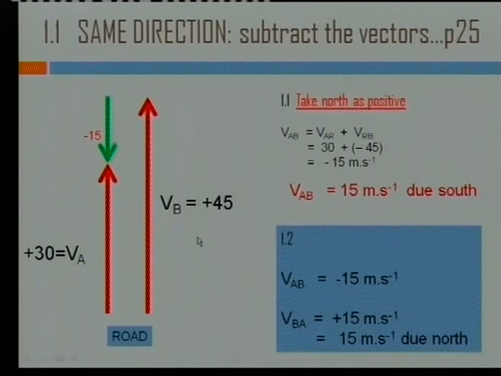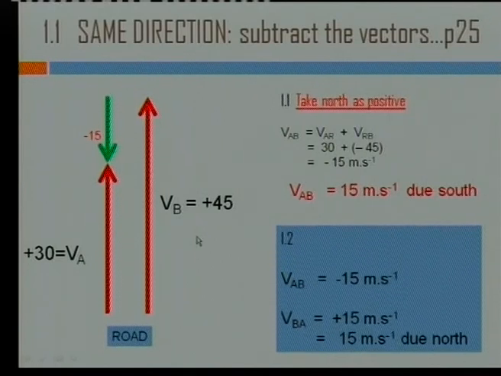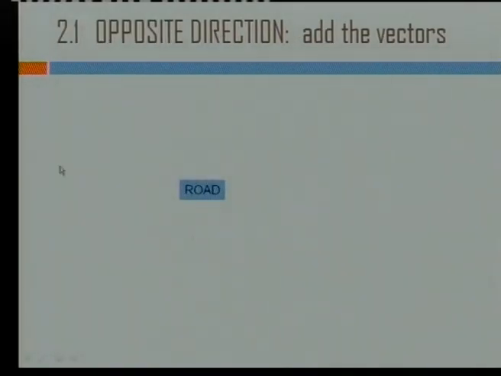Okay, let's look at another example. This is example number 2 for you to look at. Let's say that we have two vectors now in opposite directions. Here's my road, and one of the vectors is going in an easterly direction. I will make that plus 20. What would happen if I have another vector going in that direction?